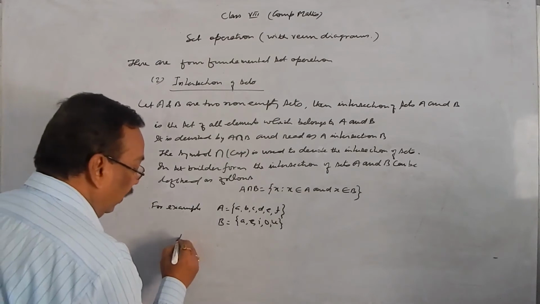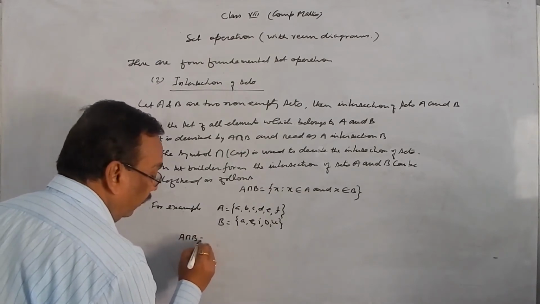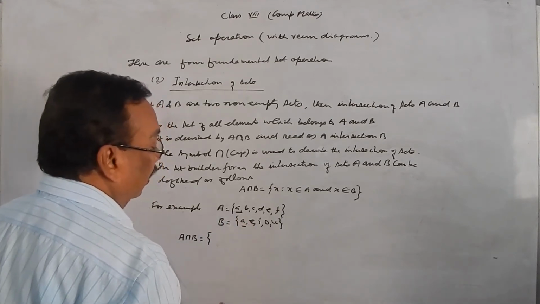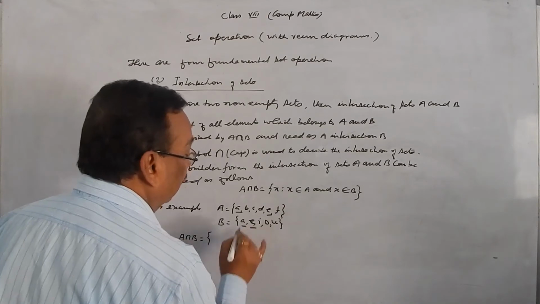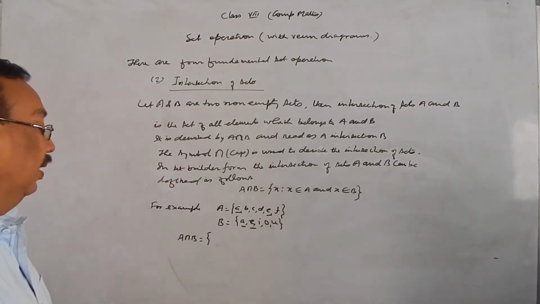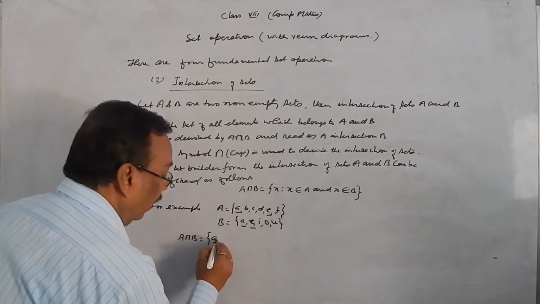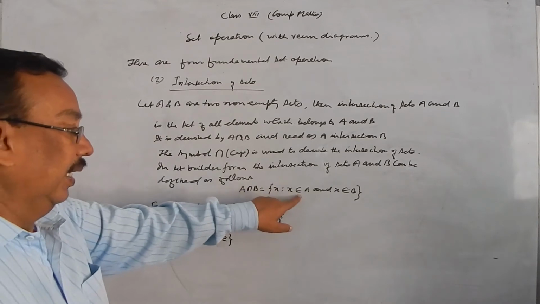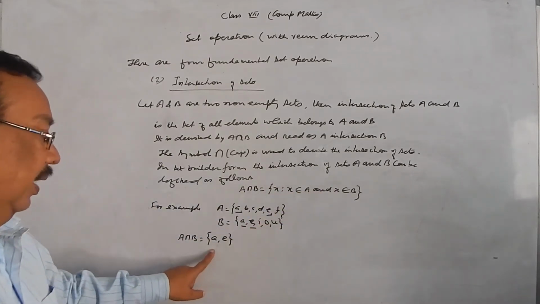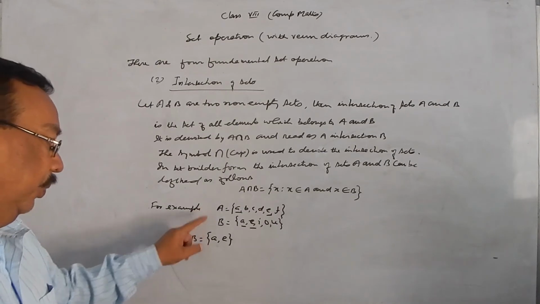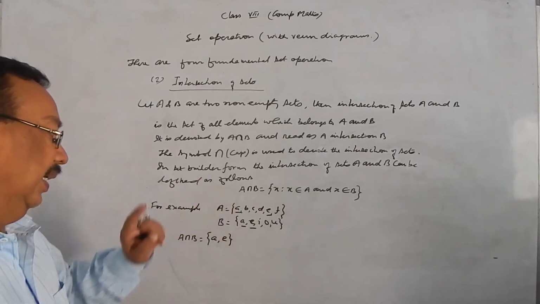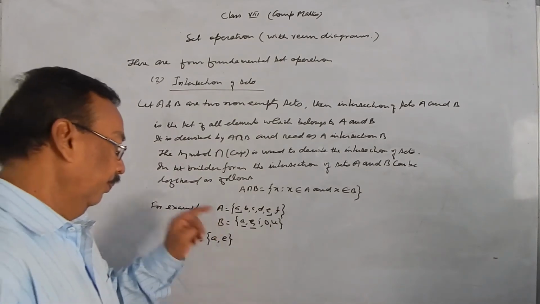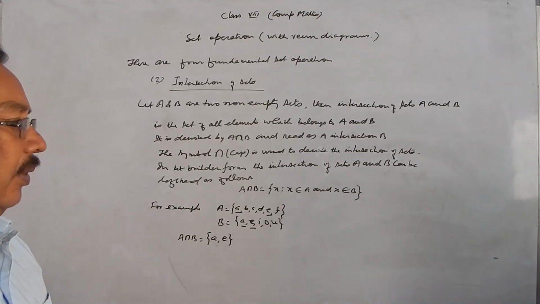A intersection B: which is common? A is common, E is common, nothing more is common, so we will write A, E. This means A lies in A and in B also, and E also lies in A and lies in B. So the intersection can be written.